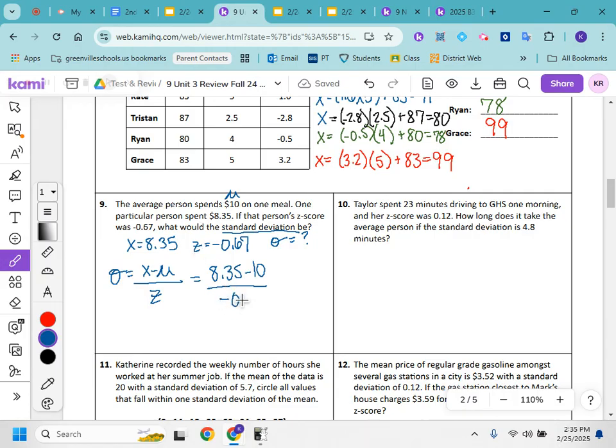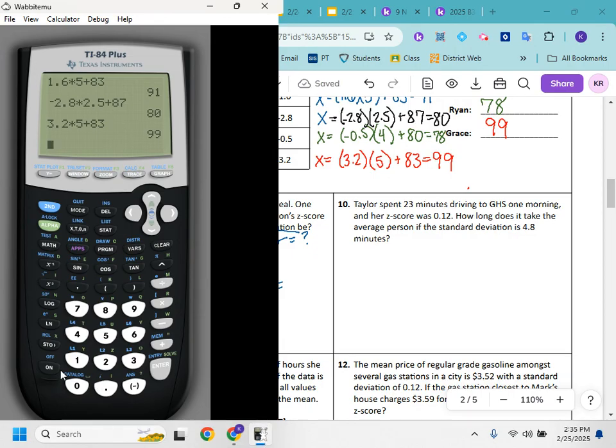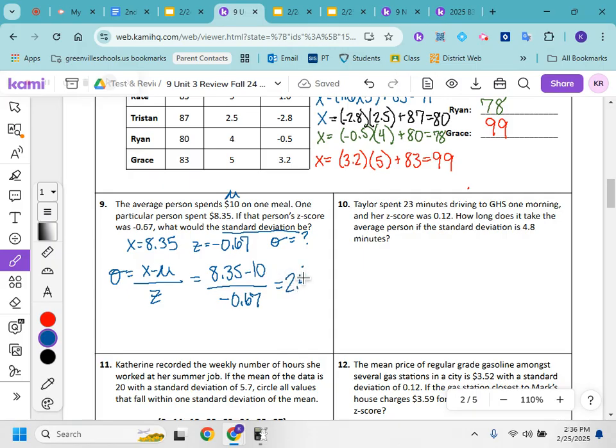The z-score is negative 0.67, and we're putting it in the calculator. Alpha, y equals, enter, 8.35 minus 10 divided by negative 0.67. Anytime you're finding a standard deviation, or really every time, I'm rounding to 2 decimal places. So 2.46.